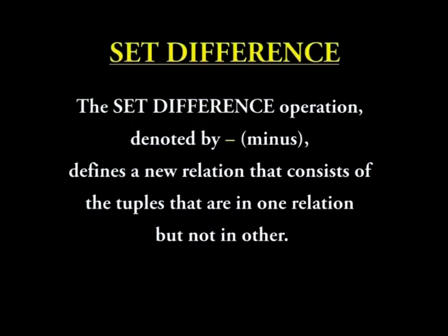Next operation is set difference. The set difference operation denoted by the symbol minus defines a new relation that consists of the tuples that are in one relation, but not in another.